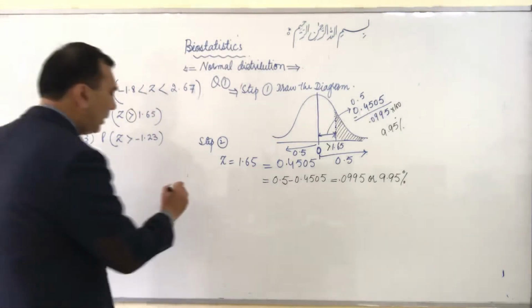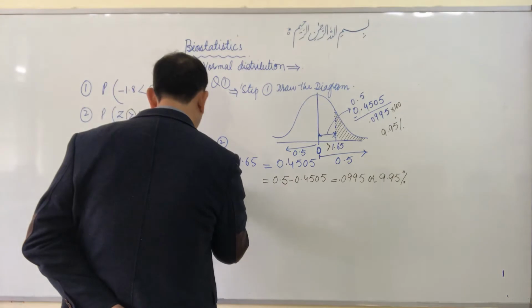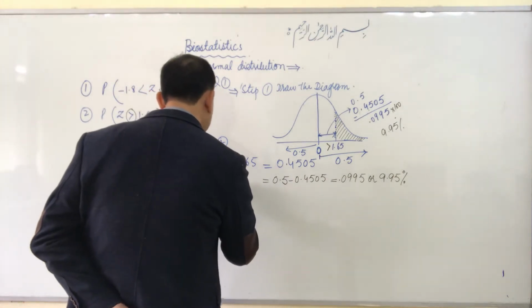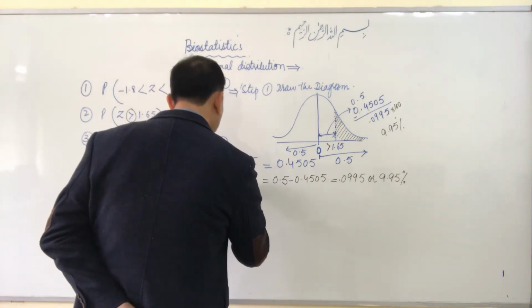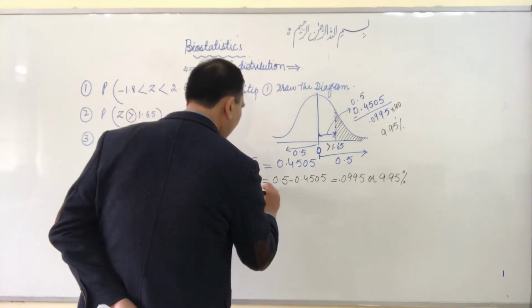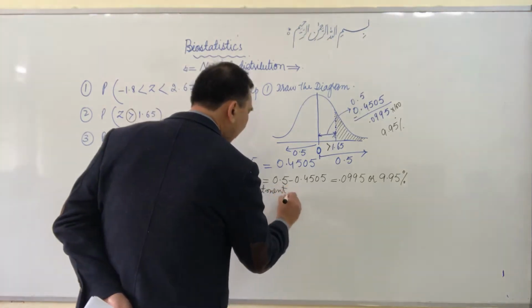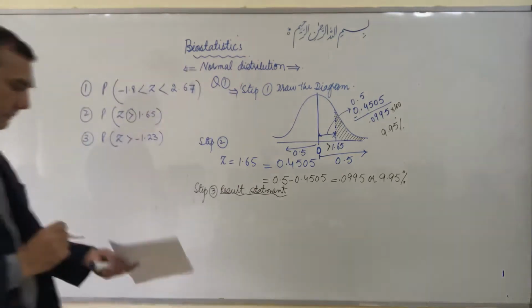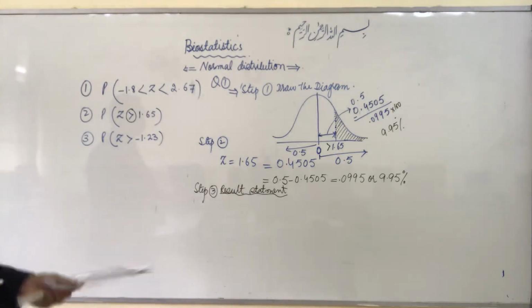So now step number 3. What does step number 3 say? Result statement. We will write down the result statement. What does the result statement say?